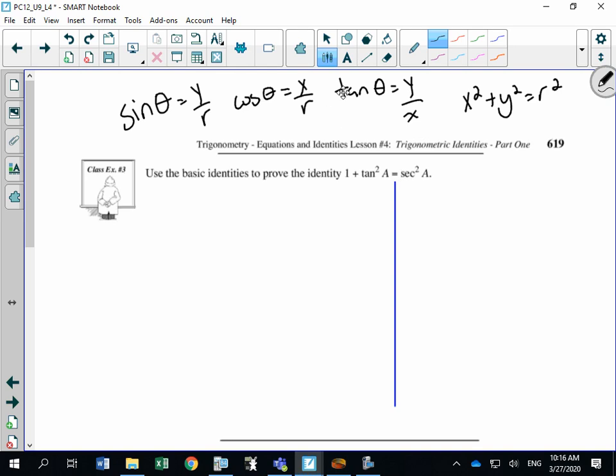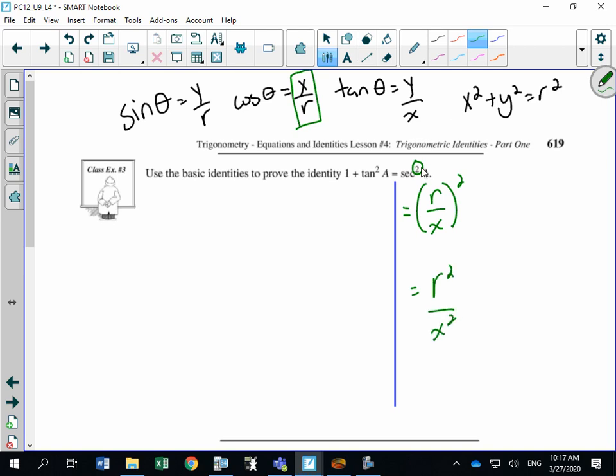My identity for cos is x over r. And if I said, what would the identity for secant be? If secant's the reciprocal of cos, the identity would be r over x. And then because it's squared, I need to square this guy, and that would equal r squared over x squared.